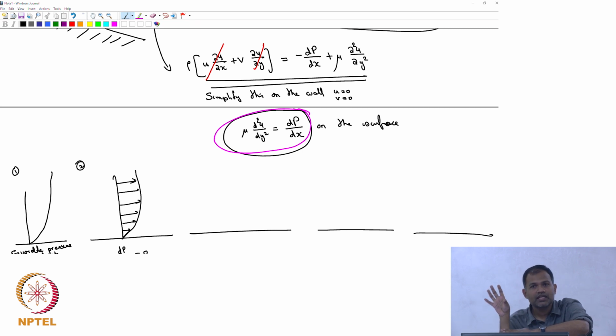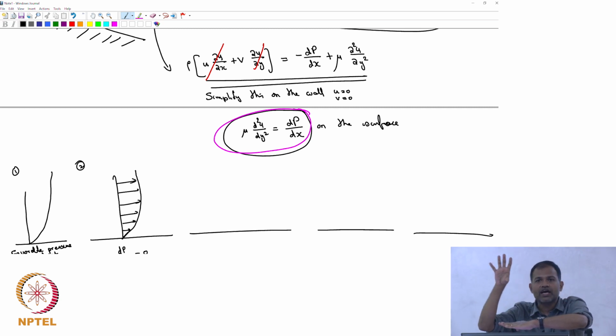Now remember that the pressure term dP by dx, I already know from the external flow field, external to the boundary layer. So by knowing the pressure gradient outside, I can tell something about my velocity profile on the wall. By knowing the pressure gradient outside, I am able to tell something about my velocity gradient on the wall. Is that clear?